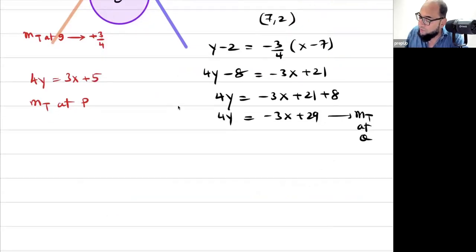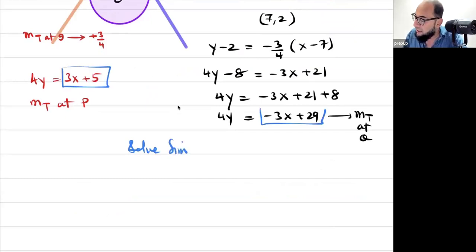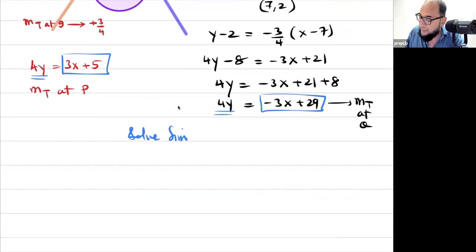So now what do we do? We solve simultaneously. This thing should equal this thing, because they both equal 4y. So 3x plus 5 equals negative 3x plus 29. 6x equals 29 plus 5, which is 34.